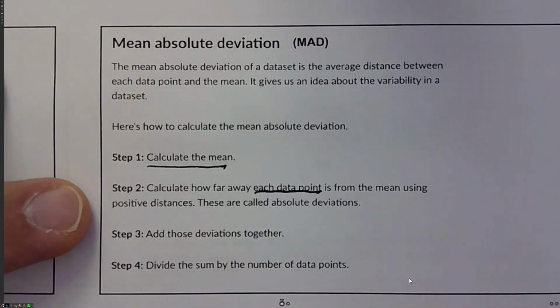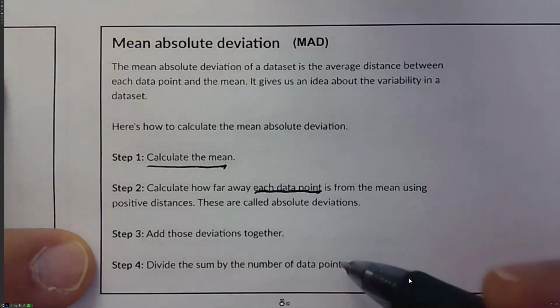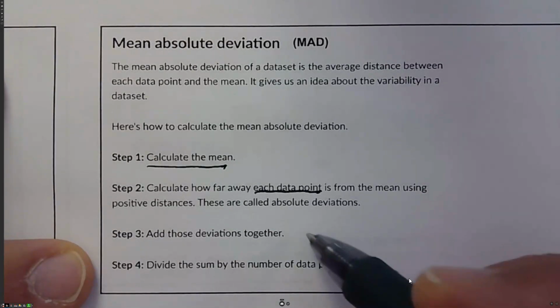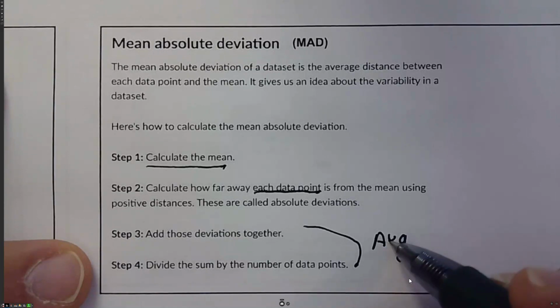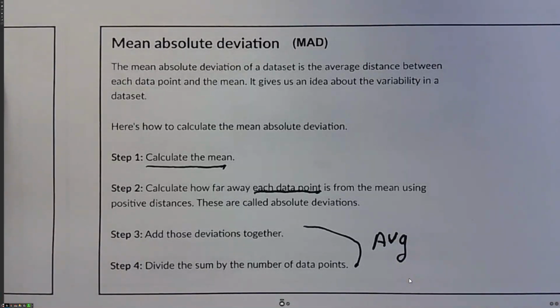Then I'm going to add them up and divide by how many there are, in other words, take the average of that. Average, distance from average, and then average. What this usually tells us is how spread out our data is.